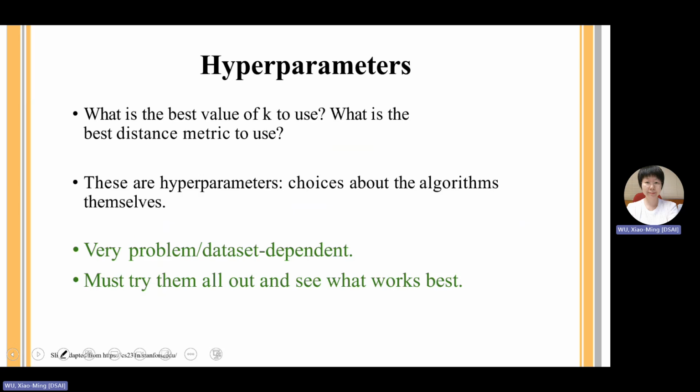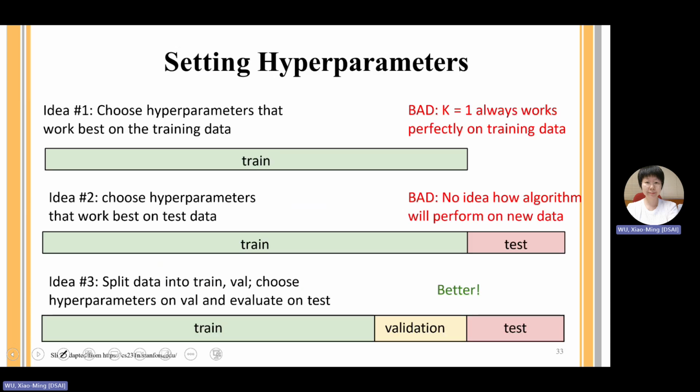So let's continue to talk about how to choose the best hyperparameters for your model. We need a validation set. So the idea is to split your data into train, validation, and test. We have explained the reason for doing so.